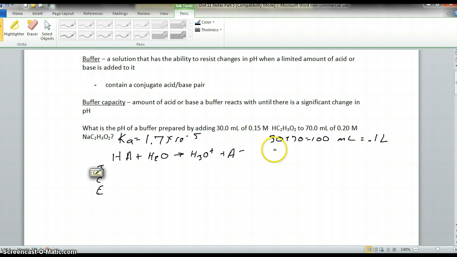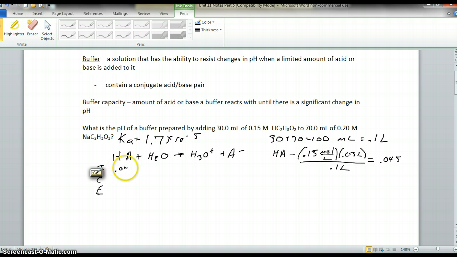So for HA, which is our acetic acid, we have 0.15 moles per liter, because that's what molarity means. And it was originally in 0.03 liters, which is the 30 milliliters. And we're going to divide that by the new total volume, which is 0.1 liters. So that means that the new concentration, or the actual concentration of the acid, is 0.045.